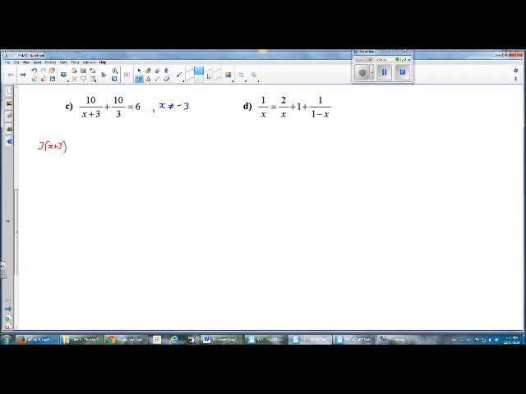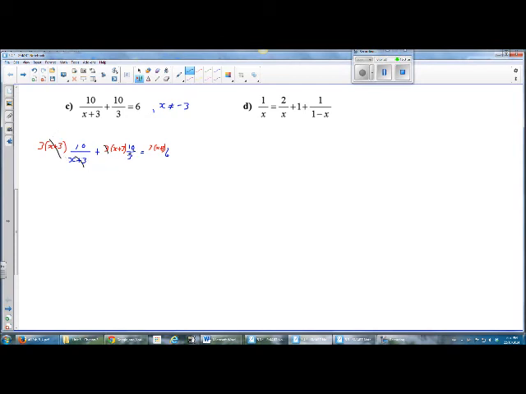So we're going to have 10 over (x plus 3) plus 10 over 3 equals 6, and everything gets multiplied by 3 times (x plus 3), because that would be the common denominator. And then we just expand things out. Now again, (x plus 3) divided by (x plus 3) just cancels. Over here, 3 divided by 3, those just cancel.